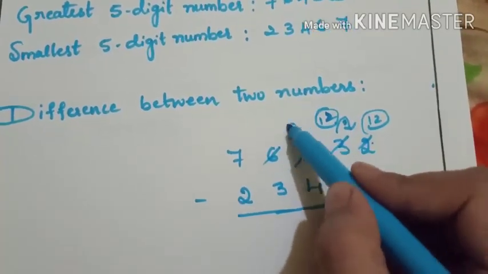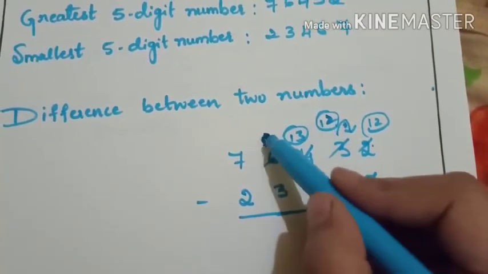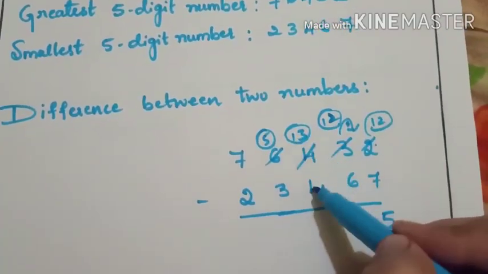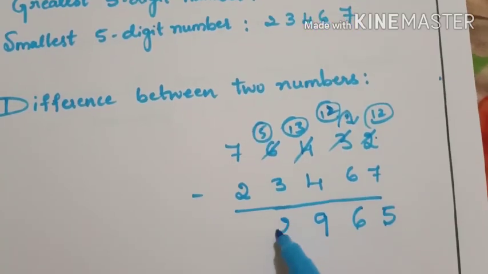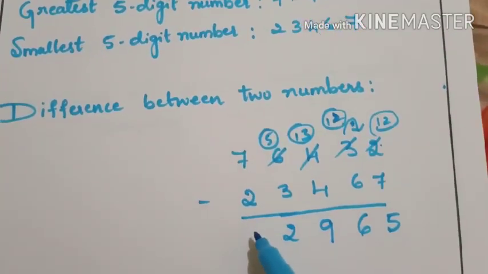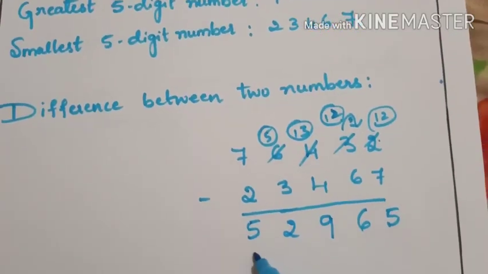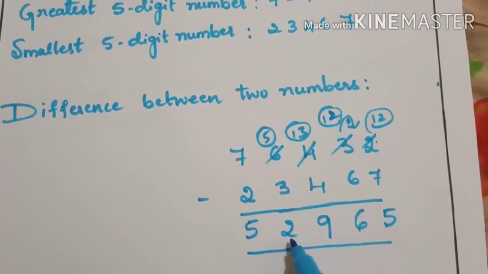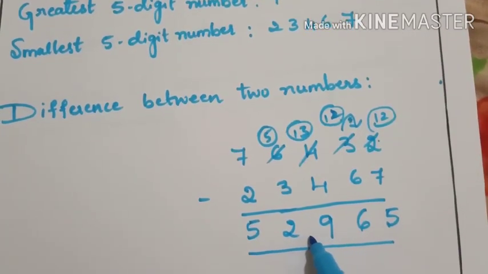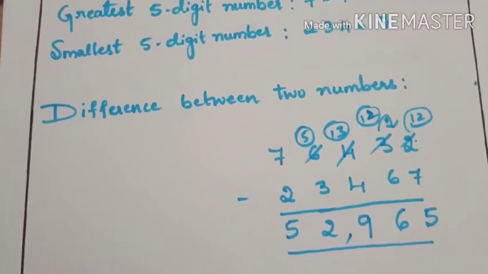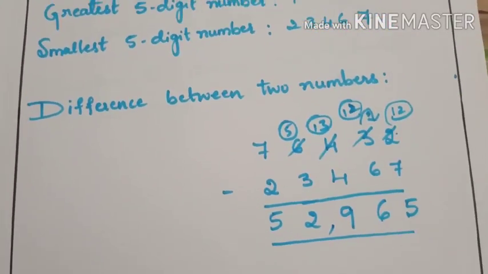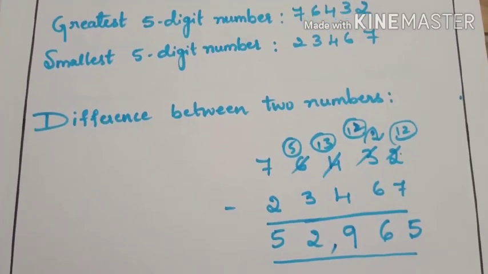Take a borrow, it becomes 13 and this becomes 5. 13 minus 4 is 9. 5 minus 3 is 2. 7 minus 2 is 5. The difference is 52,965. So it is just a simple subtraction.